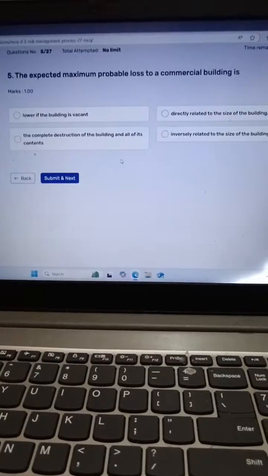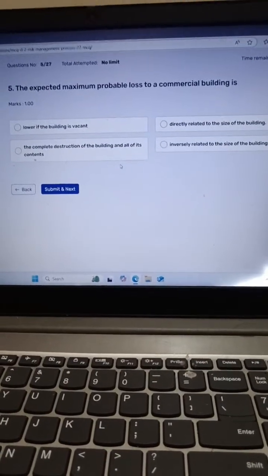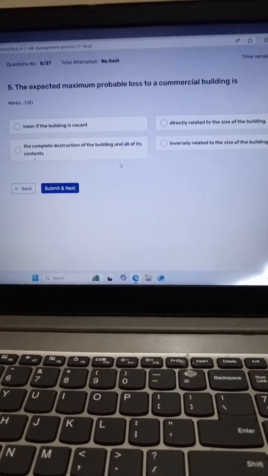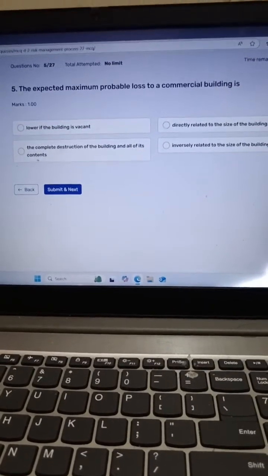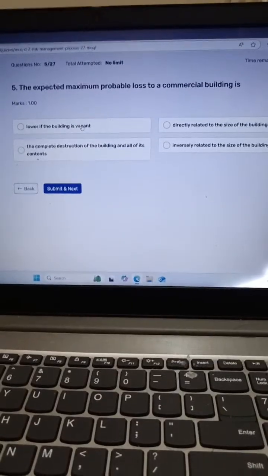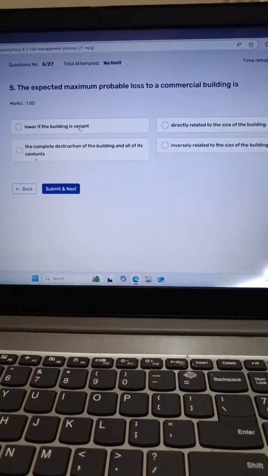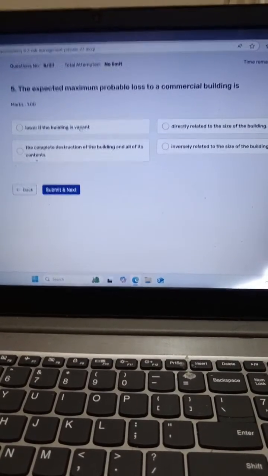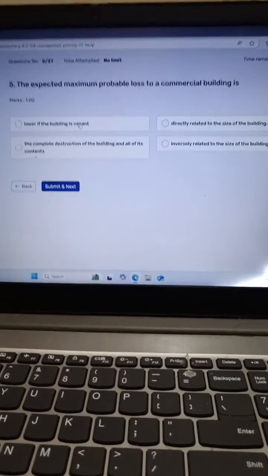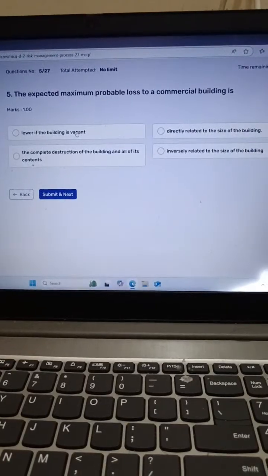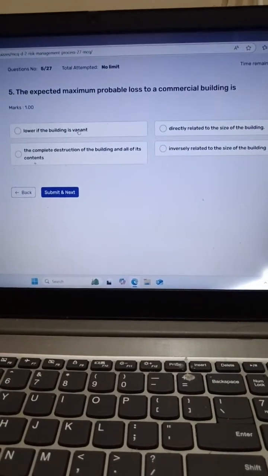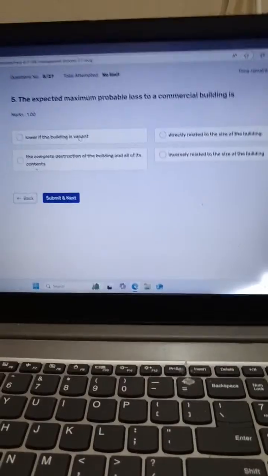And question number 5. The expected maximum probable losses to a commercial building is what? Commercial building. This is one tricky question. Commercial building, what do we consider as per IMA suggestion?